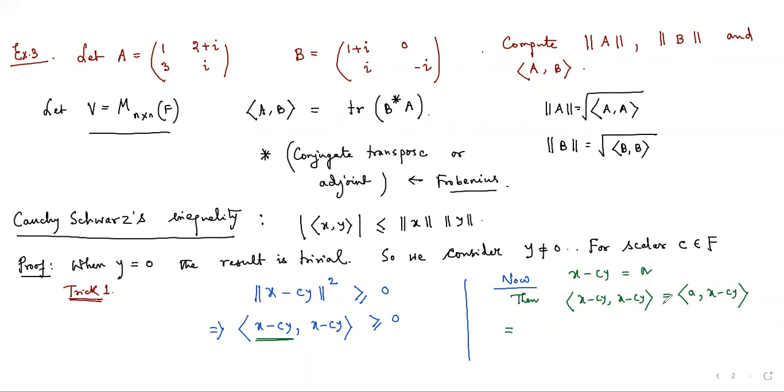I want to use a property. What sort of property do I want to use? Let me write it over here. One property that we have for the inner product is the following: x comma y plus z can be written as x comma y plus x comma z. Another property that we know is similar to this: x plus y comma z is equal to x comma z plus y comma z.